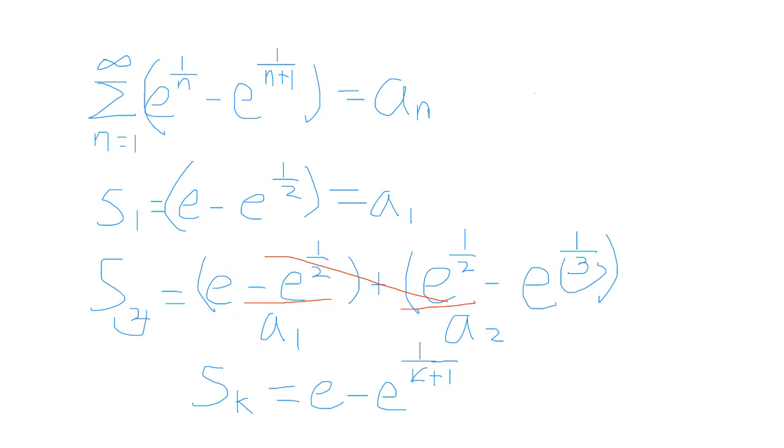Then I take a limit. I say, okay, let k run to infinity to see what happens. e is a constant number, it's still e.